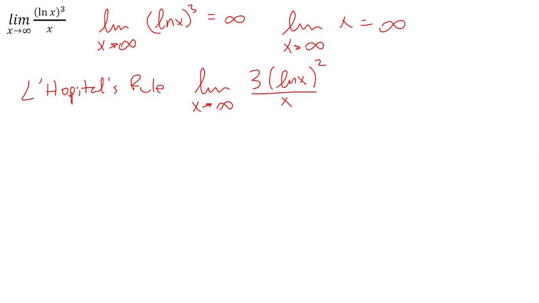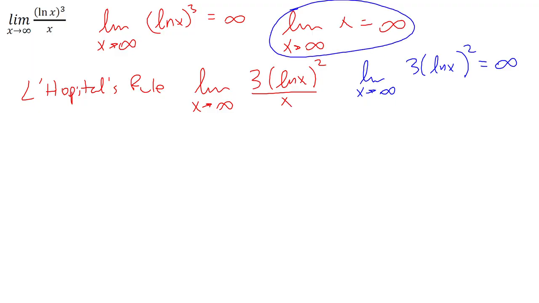And then I think we can see here that this is now the limit as x approaches infinity of 3 times the natural log of x squared, which is infinity. And we already knew the limit as x approaches infinity of x is infinity.